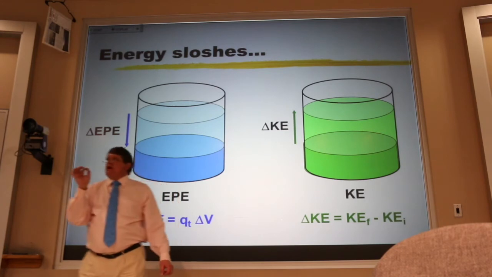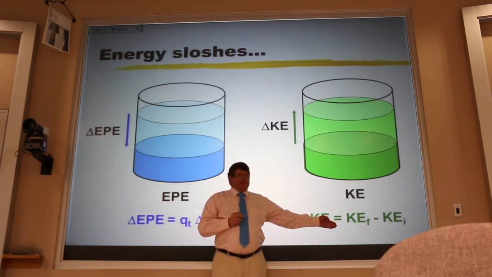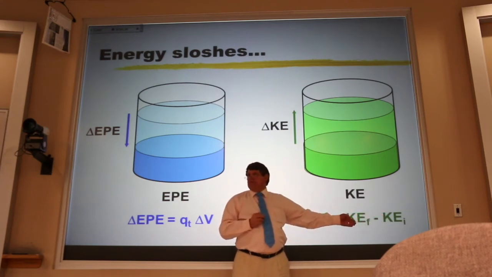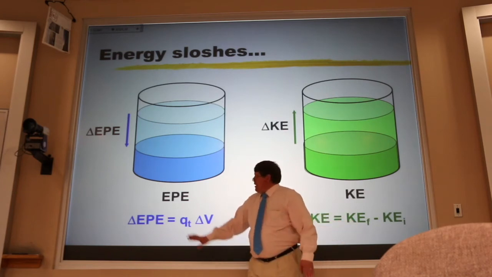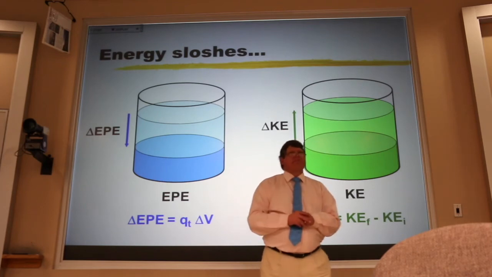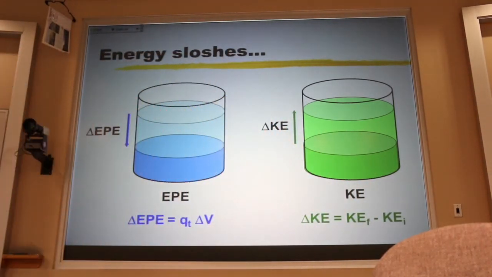Now folks, when we talk about kinetic energy, it is 1/2 mv squared. I know what it is initially, I know what it is at the end of the motion. I just take final minus initial. But when I'm talking about the change in electric potential energy, I don't have a 0 that's set for electric potential energy. All I ever care about is how big the change is.